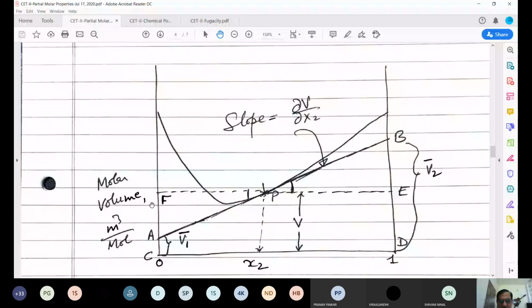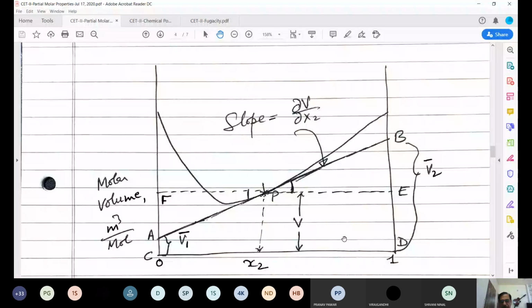And AC, where the tangent intercepts the y-axis at x2 equal to 0, is V1 bar. We'll see why it is V1 bar, the derivation we'll see. And the value from B to D on the y-axis at x2 equal to 1 is V2 bar. This is the derivation. And the slope of this tangent is nothing but delta V, molar volume, by delta x2.